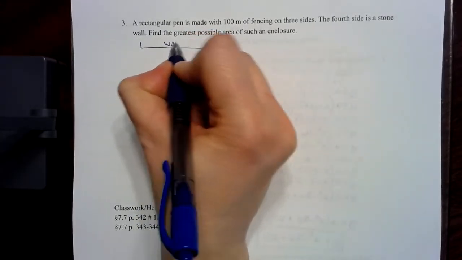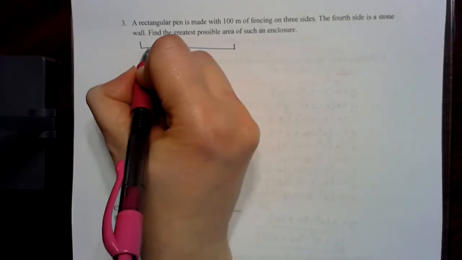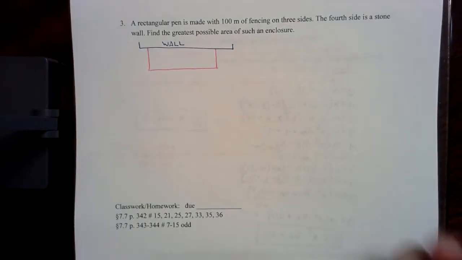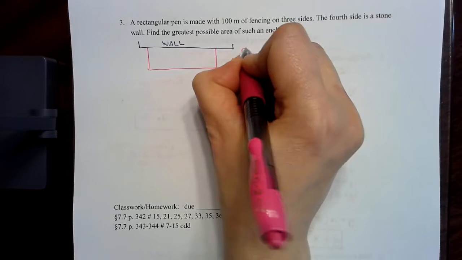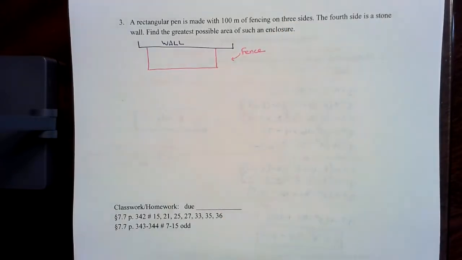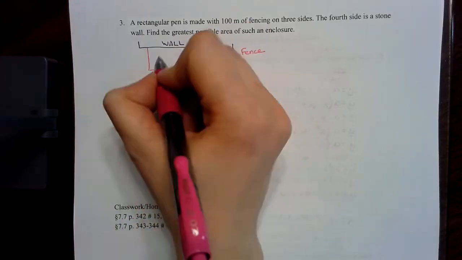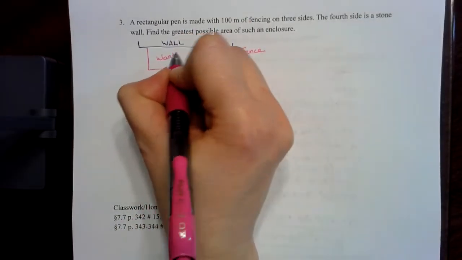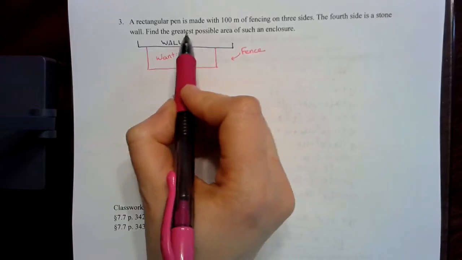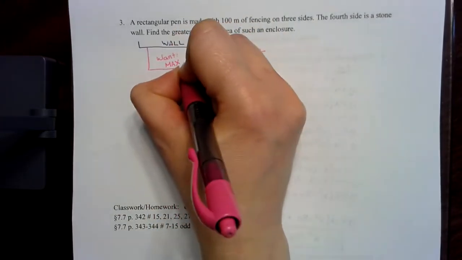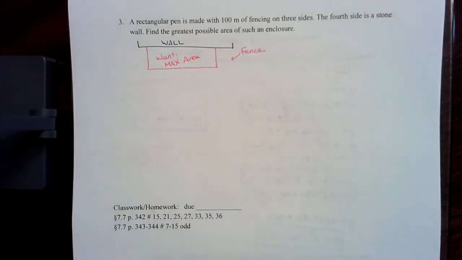So if there's my wall, then I'm going to be putting fence around 3 sides to make a rectangle. And my goal here is to find the greatest possible area. So the maximum area.